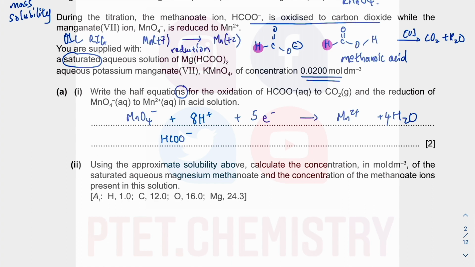HCOO- going to CO2. Bear in mind that this gives you the CO2, but there's no hydrogen. So before we think about hydrogen, we also need to think about electrons, because the other half is the reduction, meaning the oxidizing agent must oxidize the metanoate.